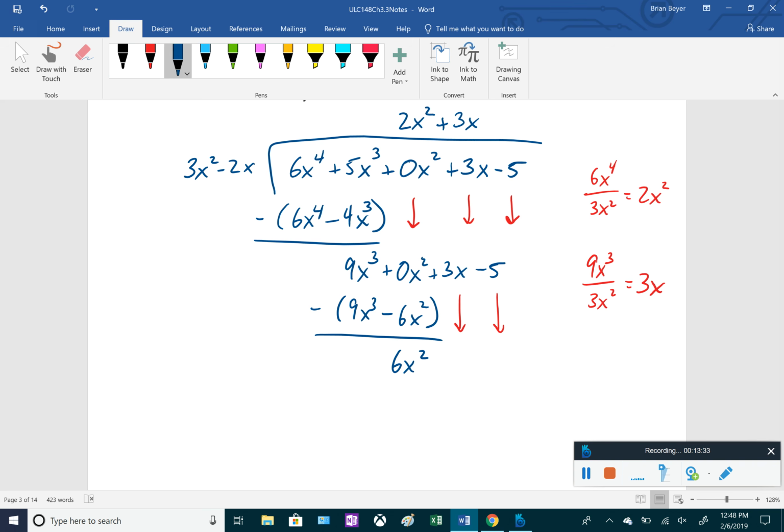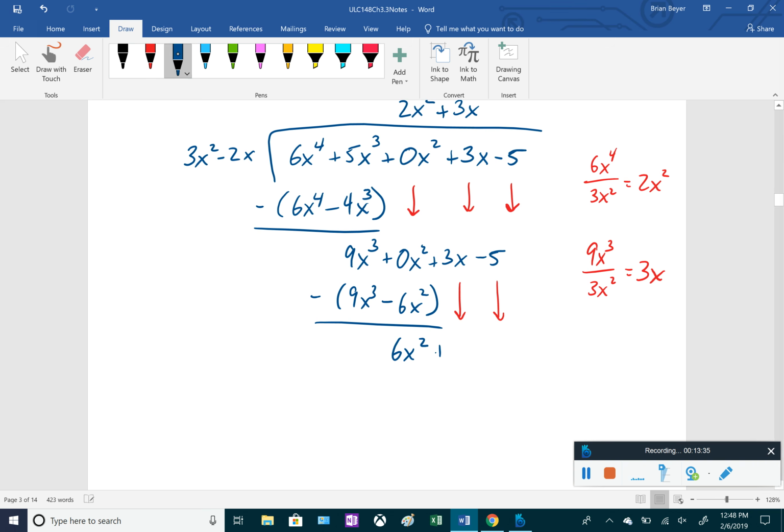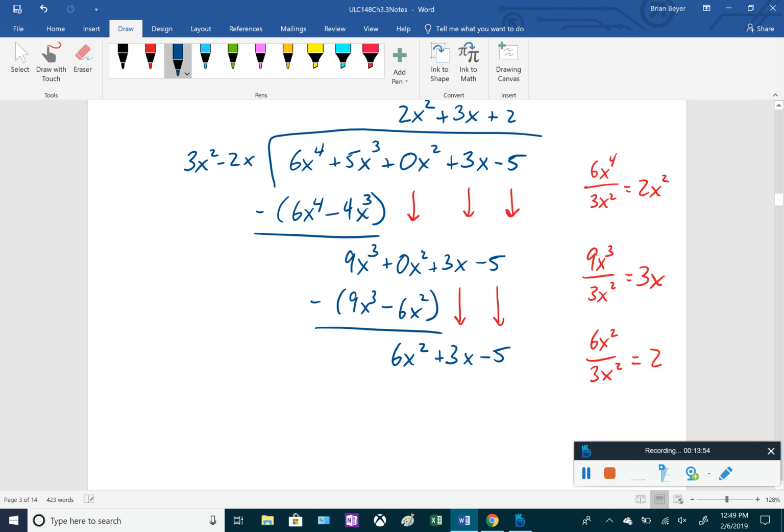We bring down the other ones, and it looks like we can do this only one more time. So what do we have to multiply 3x squared by to get to 6x squared? We divide again, and we get a value of 2. So the last part of the quotient is going to be 2.